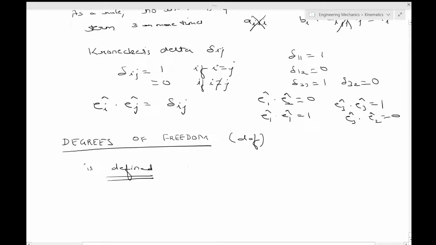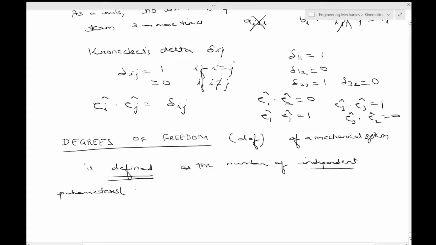So degrees of freedom of a mechanical system is defined as the number of independent parameters or coordinates which are needed to specify its configuration at a given time.